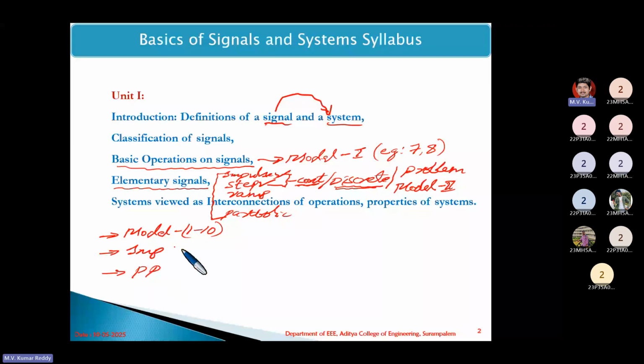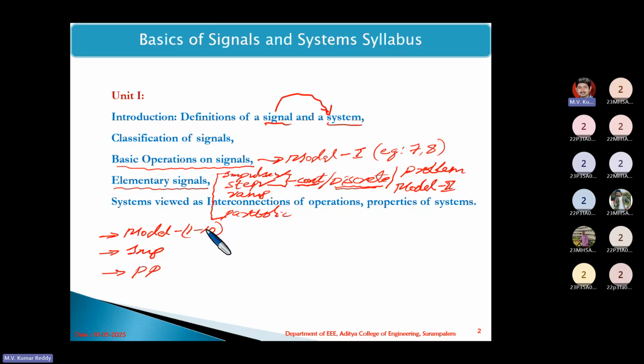That means in model 1 it may be 1 problem, 2 problems, or 3 problems. It belongs to unit 1 or unit 2 or unit 3. Suppose unit 2 and unit 4 have the same type of problems, that is impulse problems, so it comes under model 1.